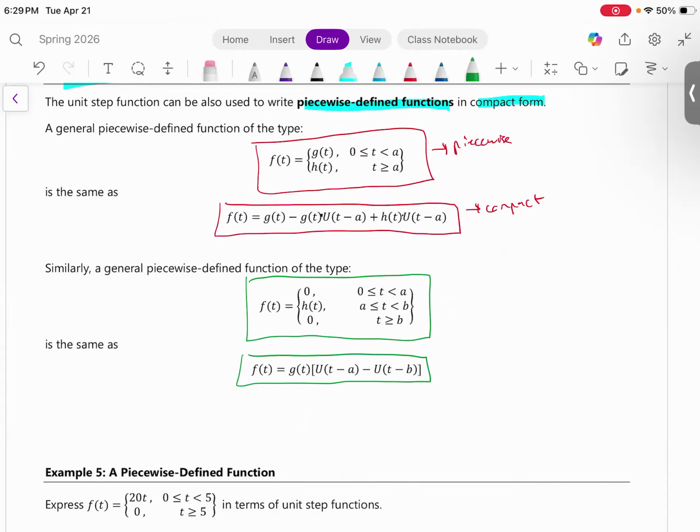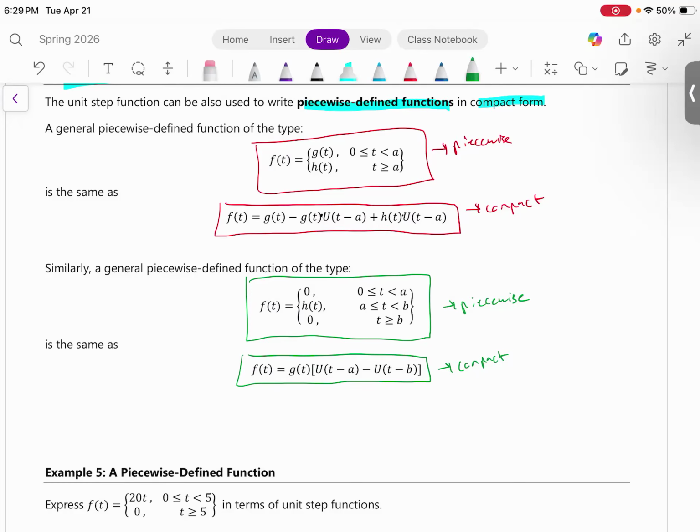This involves another component, b. So this is piecewise, and this is compact. A little more specific than the previous general piecewise, but still another form.